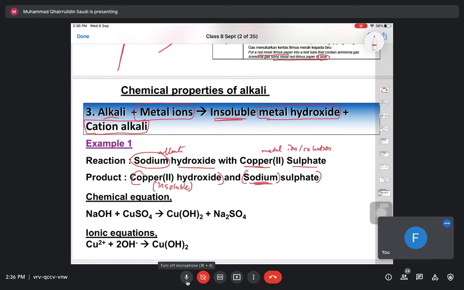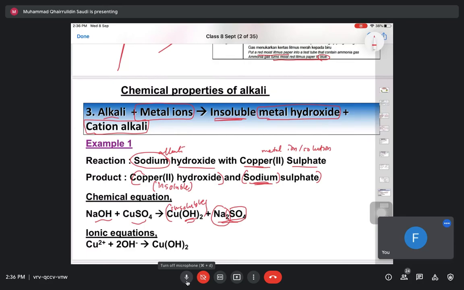Continue. The chemical equation will be sodium hydroxide plus copper sulfate, and you will have metal hydroxide that is insoluble. So this one is insoluble. The one that has hydroxide will be the insoluble one, and you will have the cation solution, cation from the alkali.